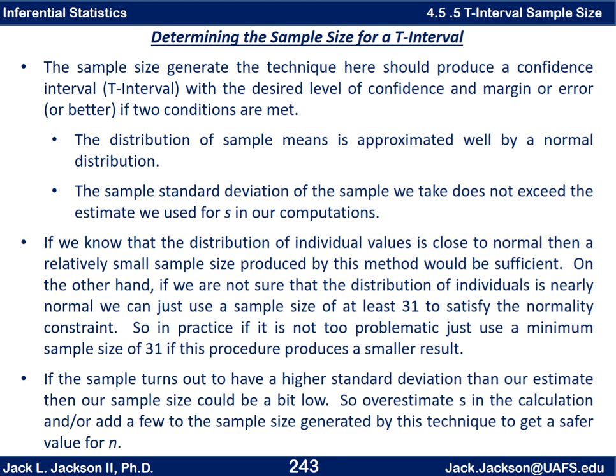If so, you're done. If not, and you need quite a bit bigger sample, then this method will tell you how big you need to take your next sample to make sure that it's going to be the size that you need. However, of course, if you have some historical information about S, then this will give you a way to go at this that'll make it a little bit better.